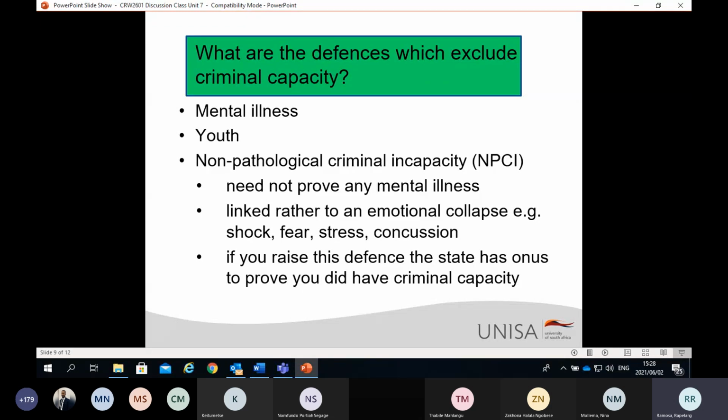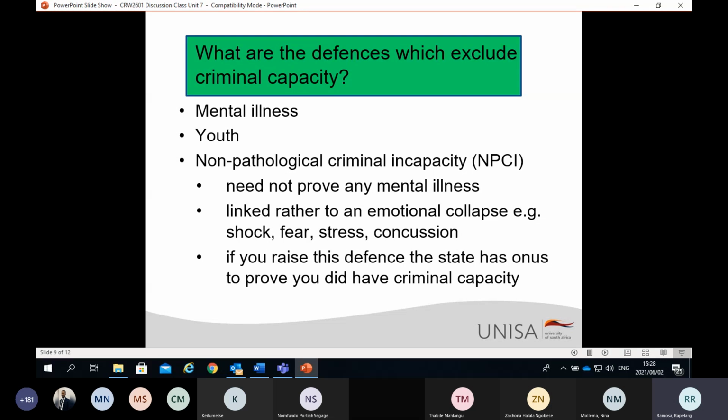So the word non-pathological is meant to distinguish from mental illness. Mental illness is a particular form of defense, where the incapacity arises because of a pathological state of mind or an illness of the mind. That is what mental illness is.